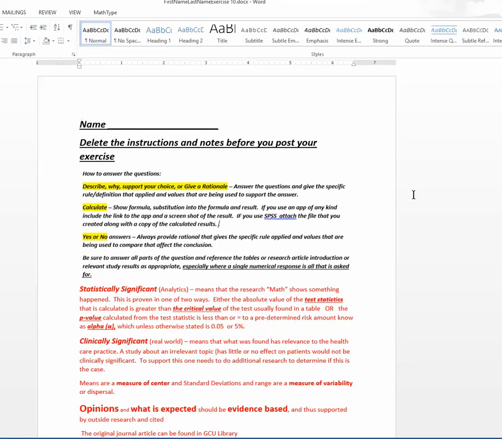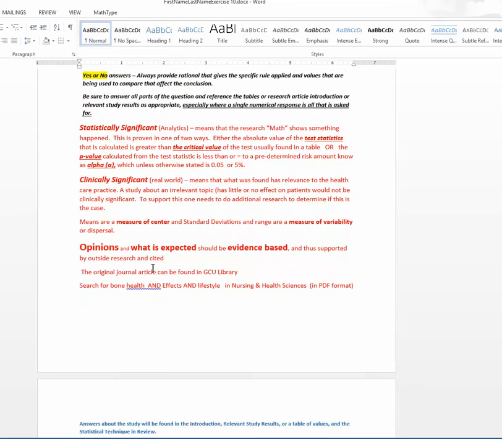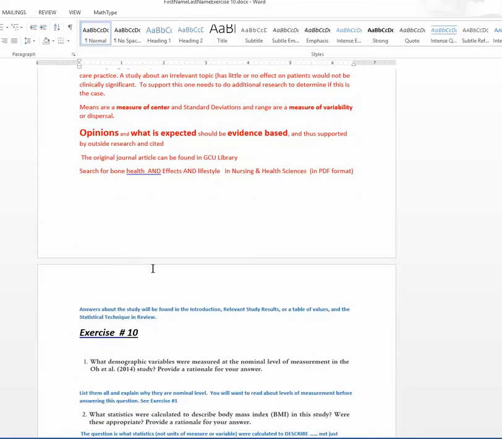If you have questions and need further explanation, please don't hesitate to contact me and we can talk about it in more detail so that in the following mods you will be able to do very successfully. Again, I remind you about the difference between statistical significance and clinical significance, and make sure that you give your answers. Go back to the notes on the first set of exercises and how to do that.